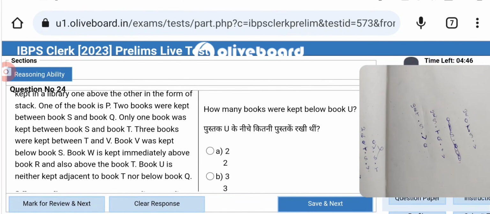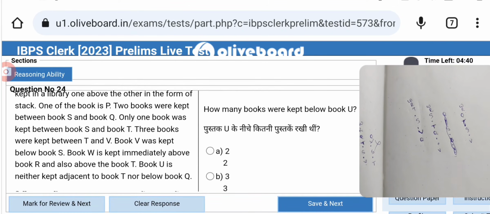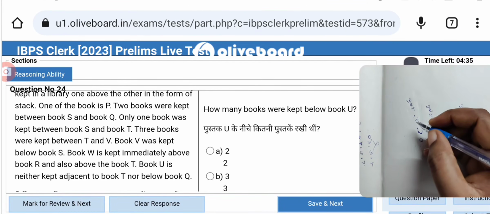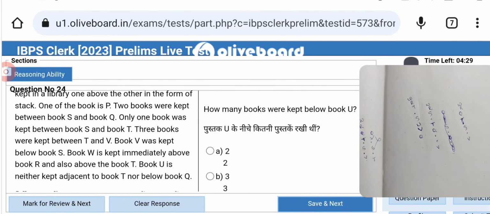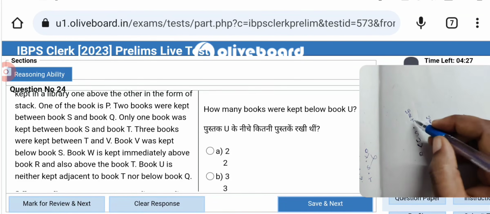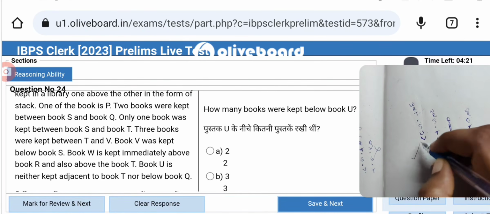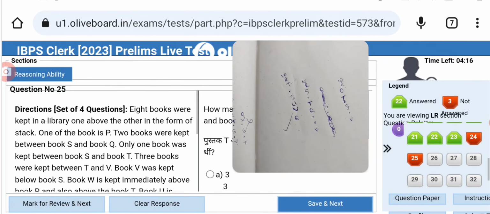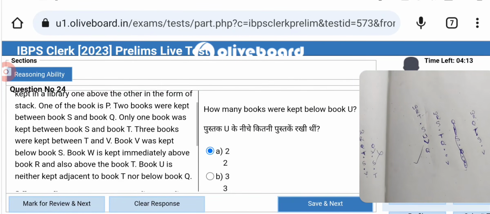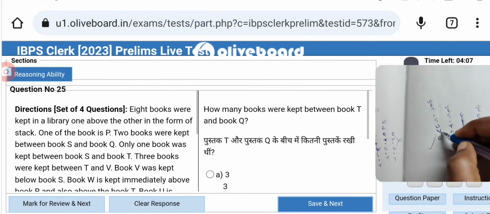U is neither adjacent to T, nor below book Q. 3, 4, 5, 6, 7, 8. How many books are below U? 2. Sorry. How many books between T and Q? 4.